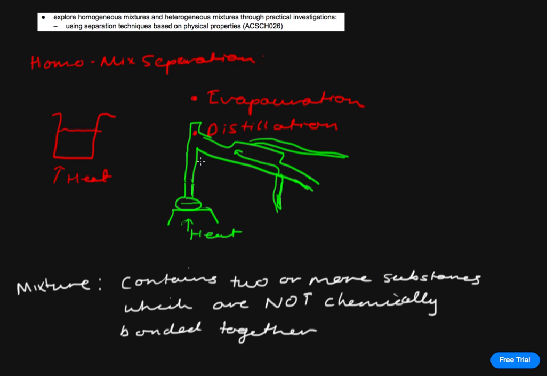So the liquid with the smaller boiling point evaporates, goes straight up here, and then we cool it back down so it turns back into a liquid. Then we can collect it over here, it drips down and out like this. So it evaporates, gets cooled back down, and we can collect it. That way we've got one liquid over here and another liquid over here.